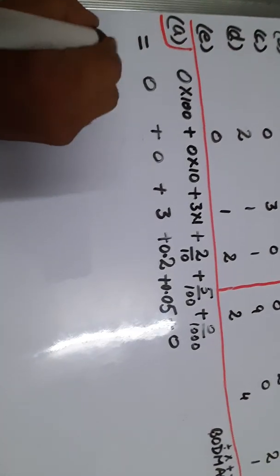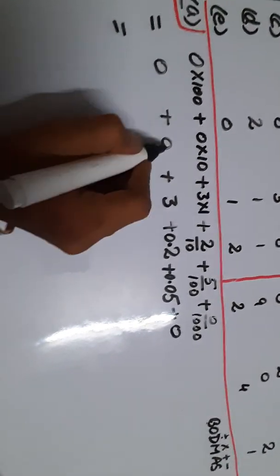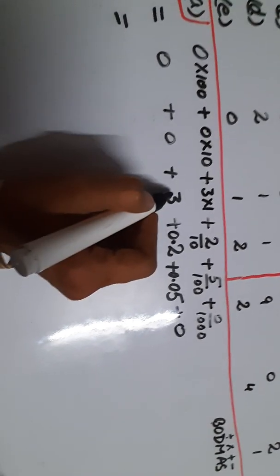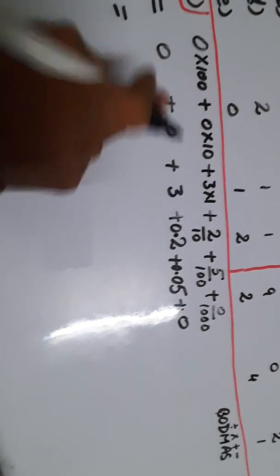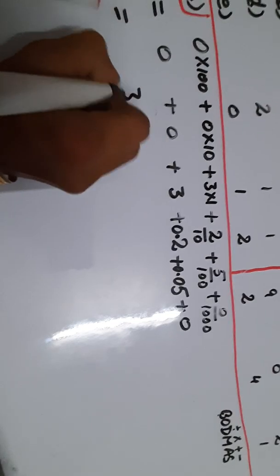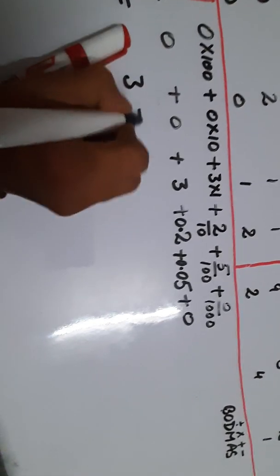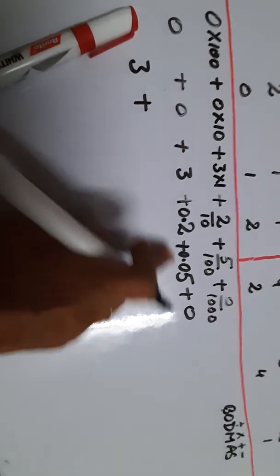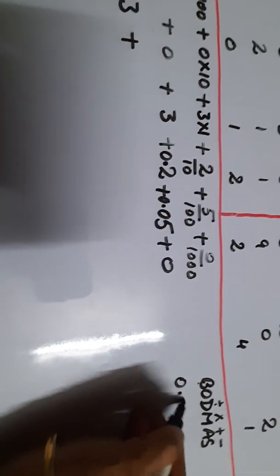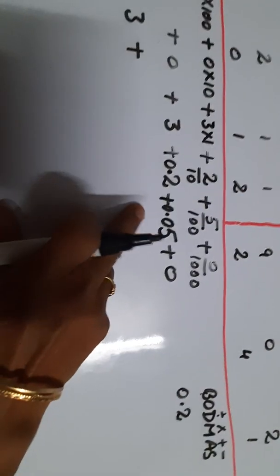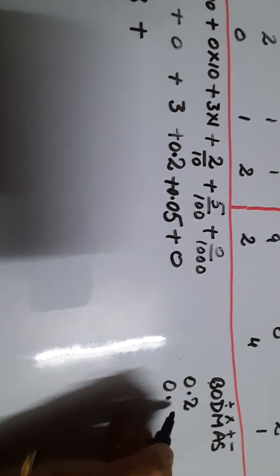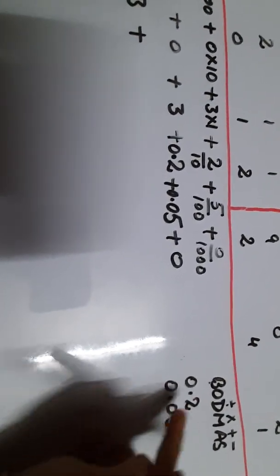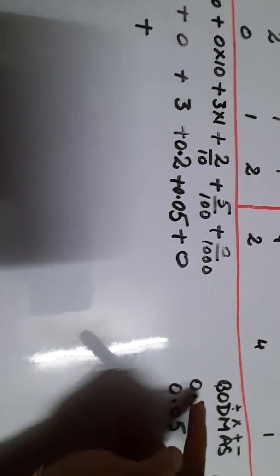So now let us add them. 0 plus 0 is 0, plus 3. This will become 0 plus 0 plus 3 is 3, plus these two are the decimal numbers, so let us add them separately. 0.2 and 0.05. While adding them, dear students, place the decimal under the decimal.